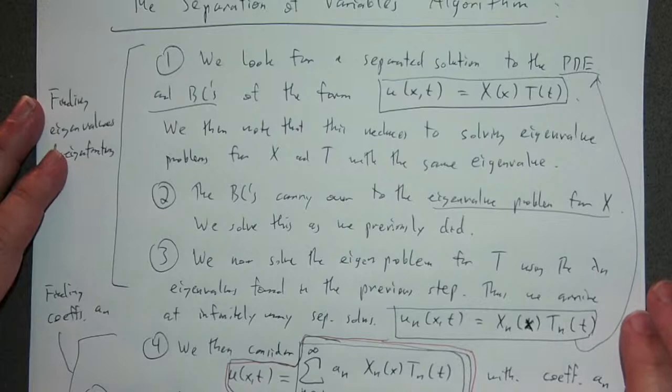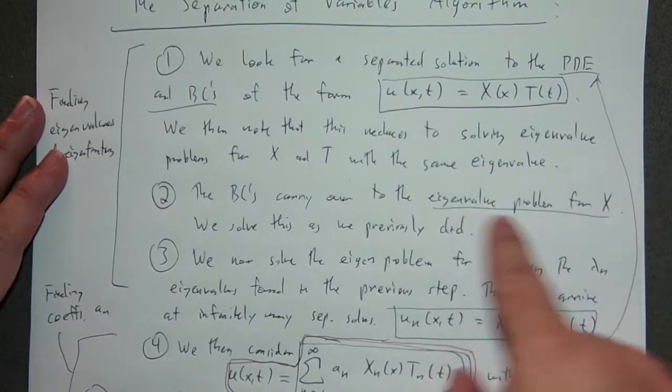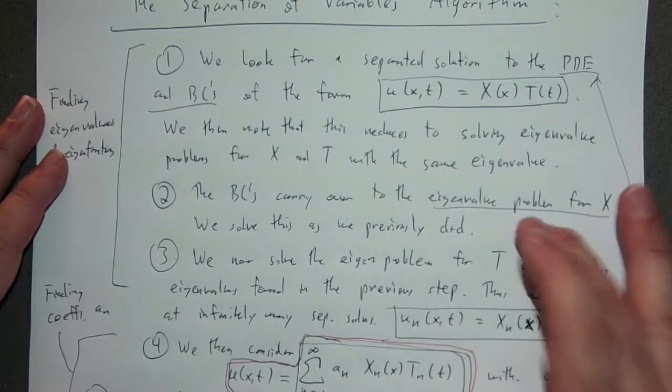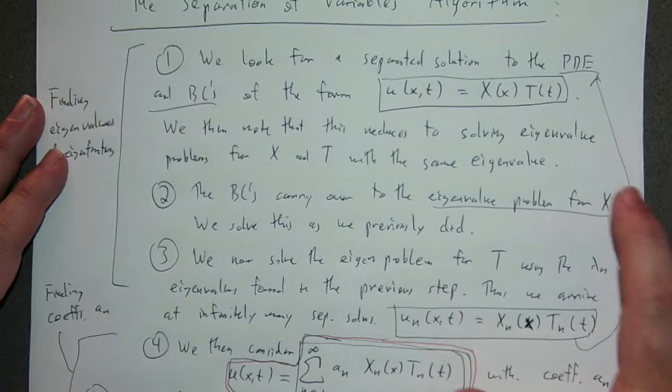So I'm going to get exactly one of those eigenvalue problems that I hopefully know the eigenfunctions and eigenvalues for. And so that's going to allow me to find X.